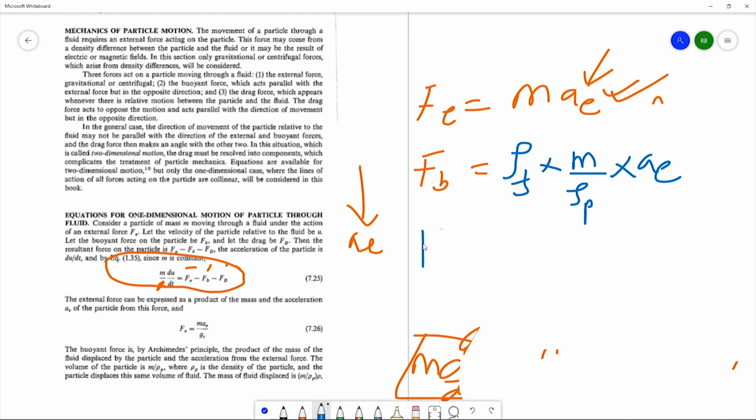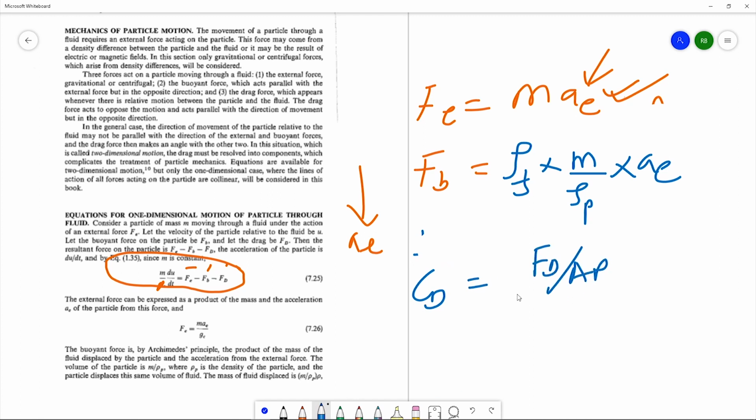Okay. What is the drag force? What is the definition of drag force? From the definition of the drag coefficient, what was the drag coefficient first? Right, the drag coefficient C_D equals F_D by projected area by rho U square by 2, right?